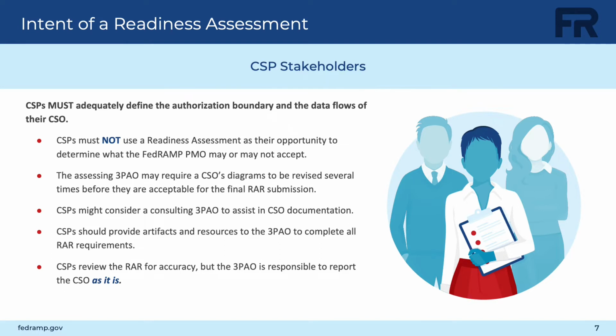If a CSP is having difficulty understanding FedRAMP requirements, it may be advisable for the CSP to hire a consulting 3PAO to assist with creating diagrams and documentation. In order for a 3PAO to remain impartial and independent, the assessing 3PAO cannot also be the consulting 3PAO.